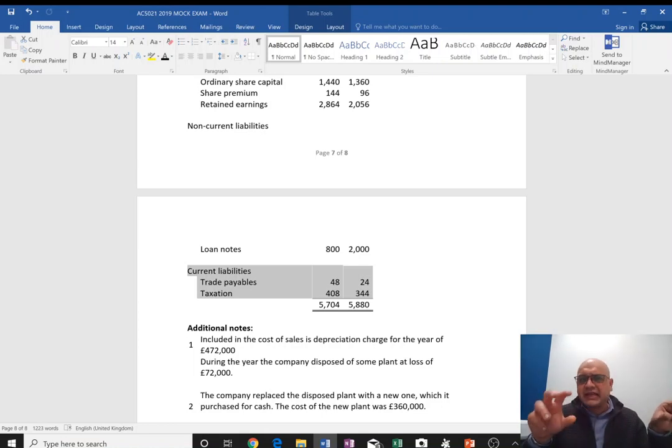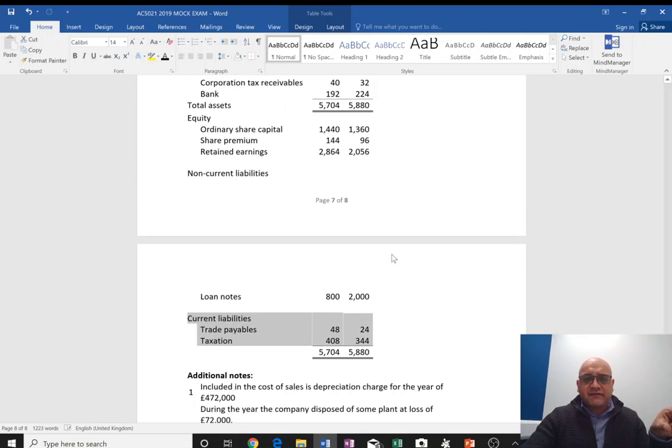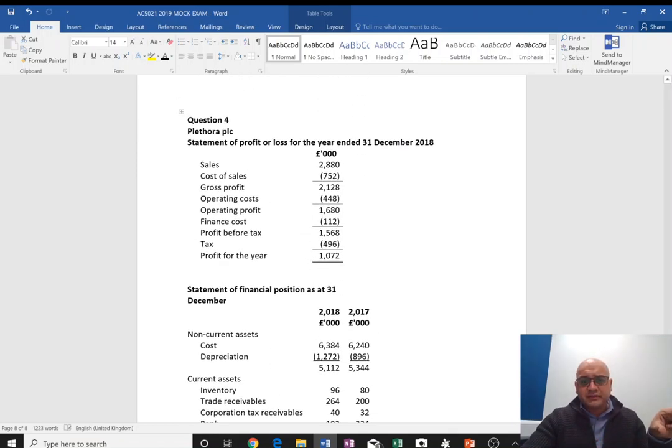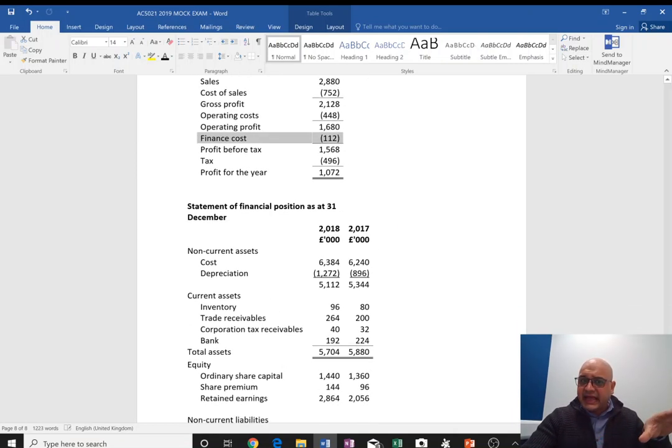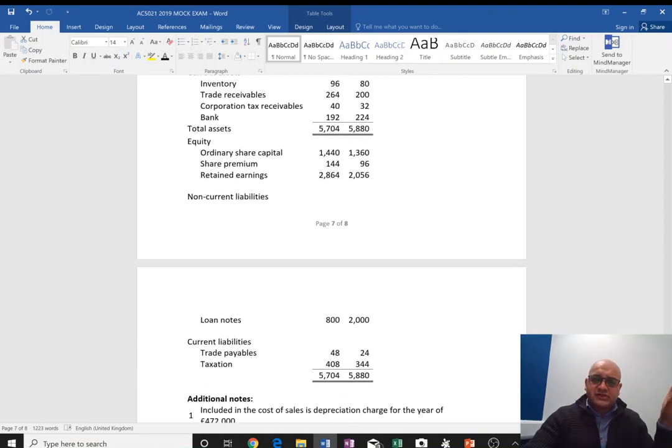We have something left to be paid in the following year. So in this case, our finance cost is 112. That's the expense for this year. If there was a closing balance sitting in the 2018 column of, say, 12, that would mean that you still have to pay those 12,000, but that's going to be next year. In this year, you have settled around £100,000 worth of finance cost liability.